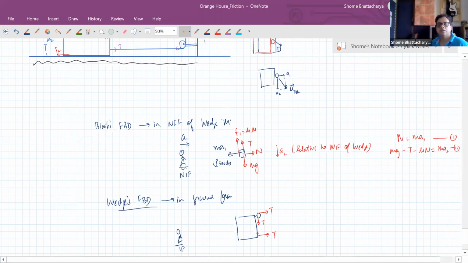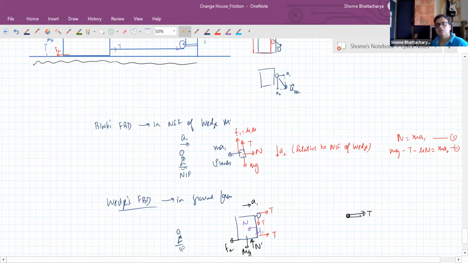Okay. Then there is the block here which is applying normal reaction on it like this, friction on it like this. Okay. Then there is the wedge's own weight, capital Mg, some kind of normal reaction from the ground, let's say n prime, and friction F2 like this, and horizontal acceleration A1.